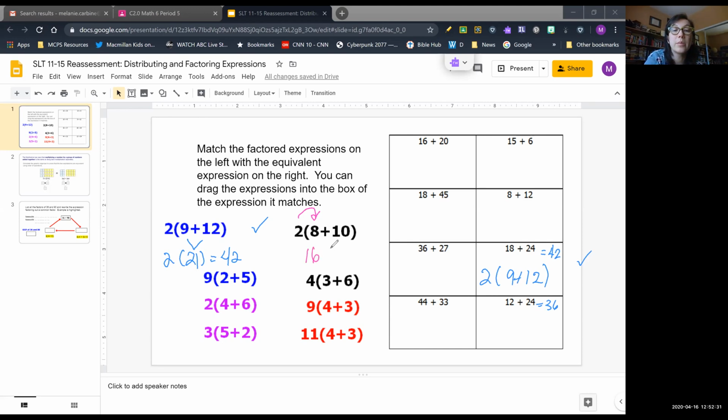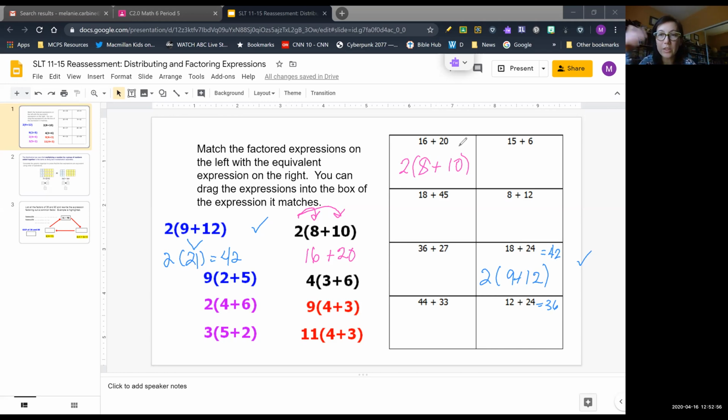There's a plus sign here. 2 times 10 is 20. So I could find 16 plus 20, those match. I like that strategy. A little less hunting there. And now you know how to distribute.